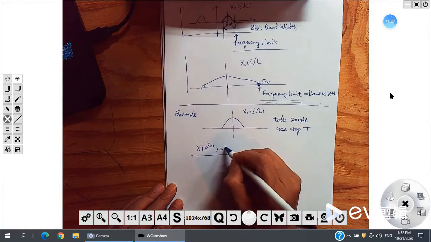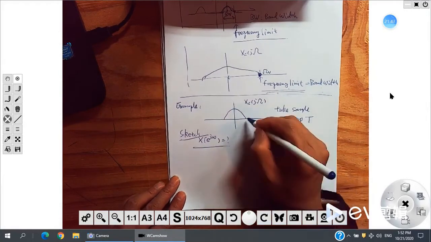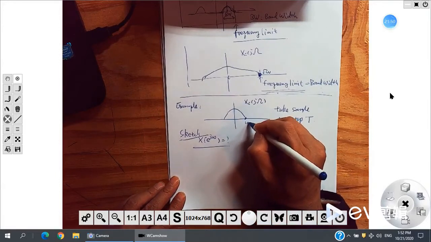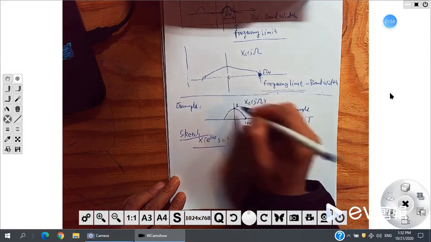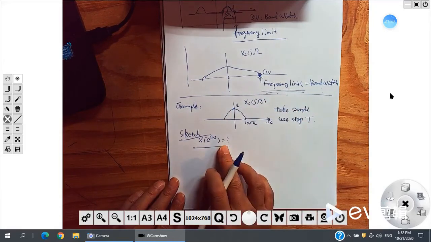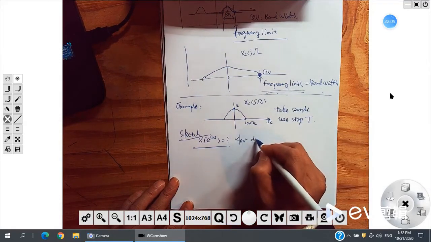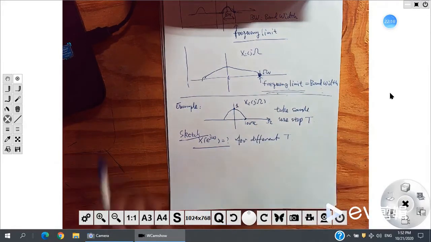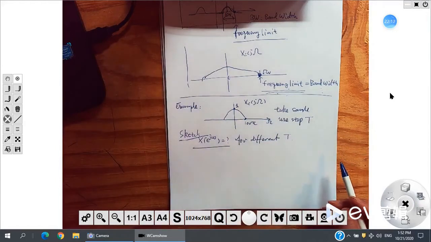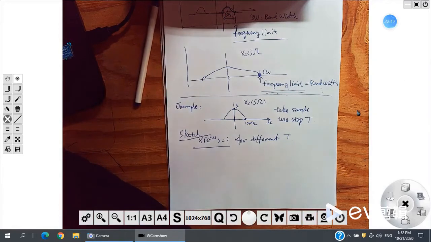Suppose this is 100 pi, this is omega, and this value is just 1. Of course, it depends on T, and we can choose different T. We can try to use MATLAB to see how it looks.